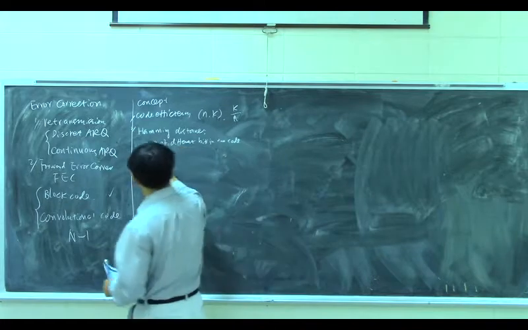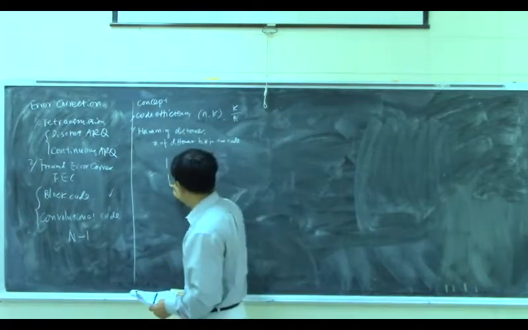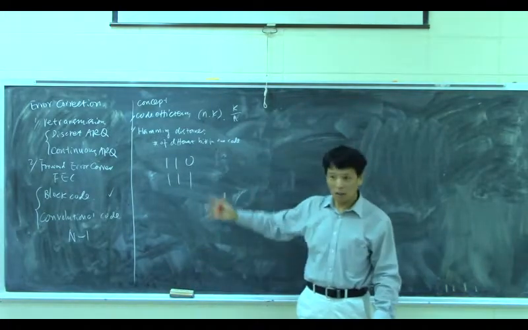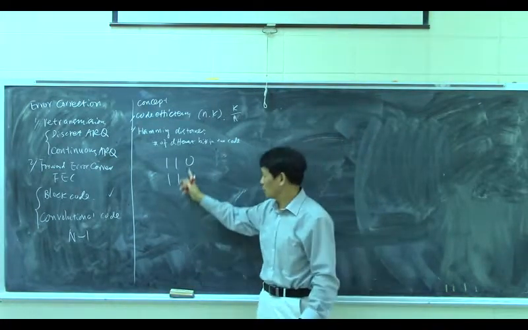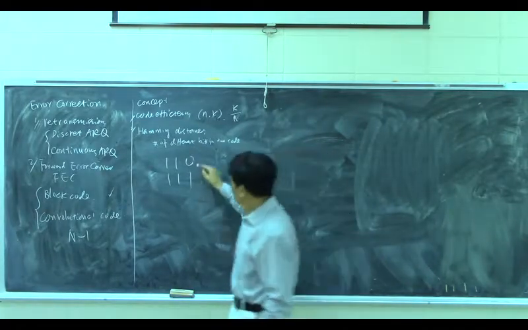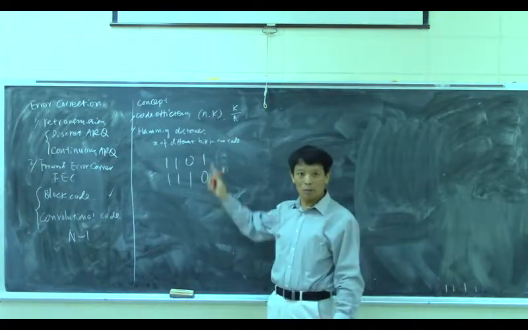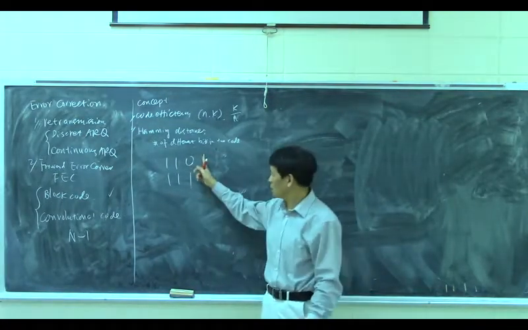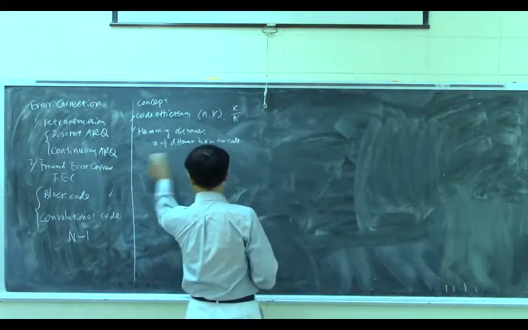For example, code 1 is 110, code 2 is 111. The distance between these two is 1, because this one bit is different. If we have another 0 here, then the distance between these two codes is 2, because this one is different and this one is different. So that's Hamming distance.